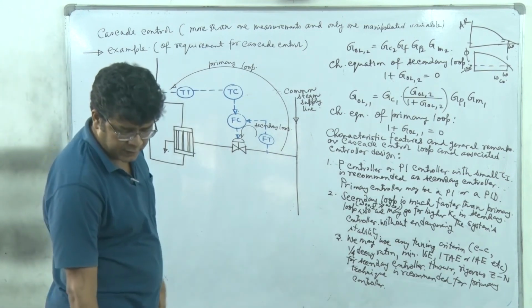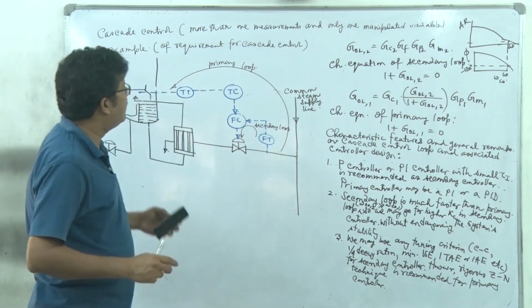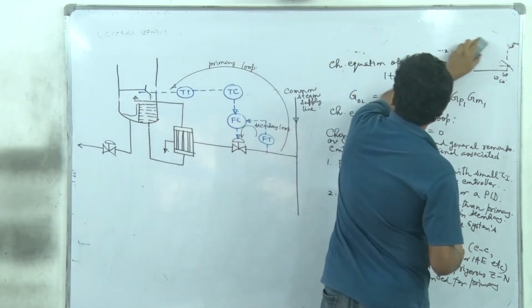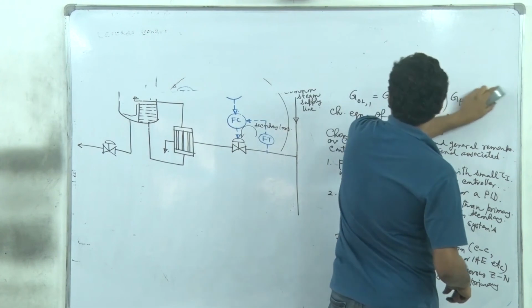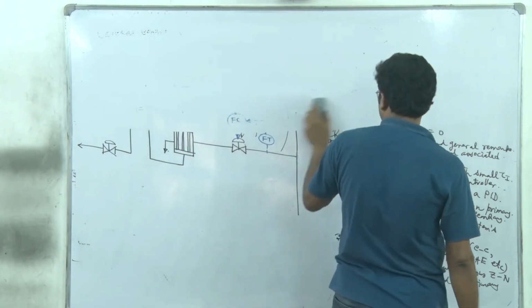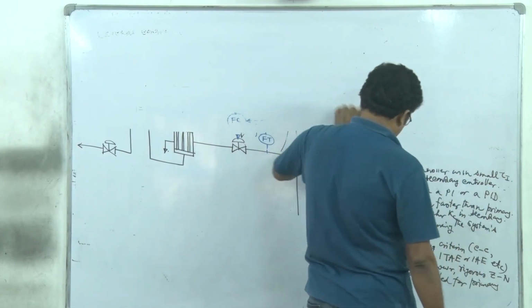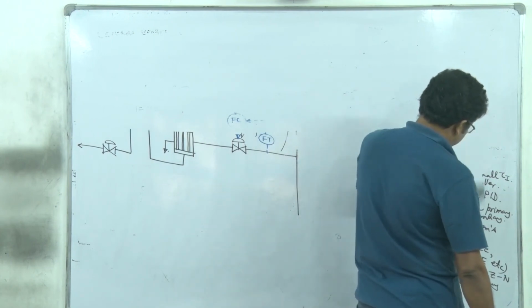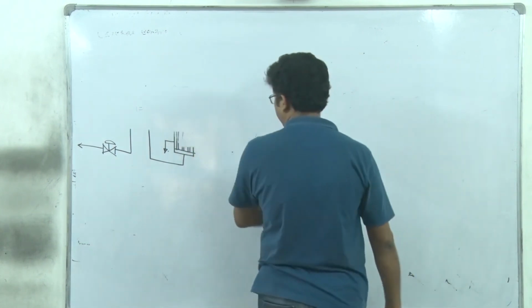So let's go to the understanding of a different control system where we have one manipulated variable and more than one control objective.